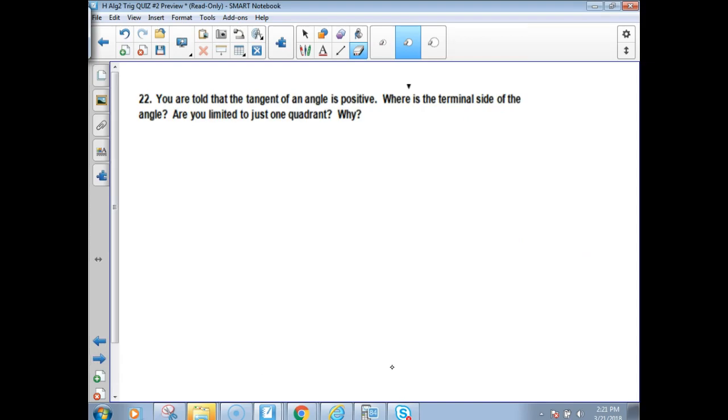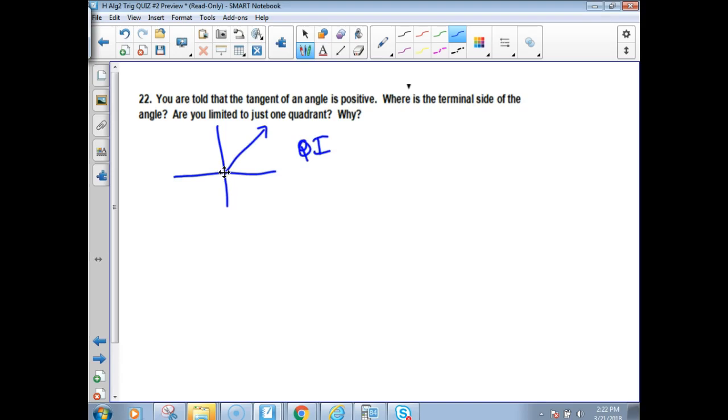22, you're told that the tangent of an angle is positive. What is the terminal side of the angle? Are you limited to just one quadrant? Well, we did a mnemonic that said tangent's positive in quadrant 1 and 3. Now, why?